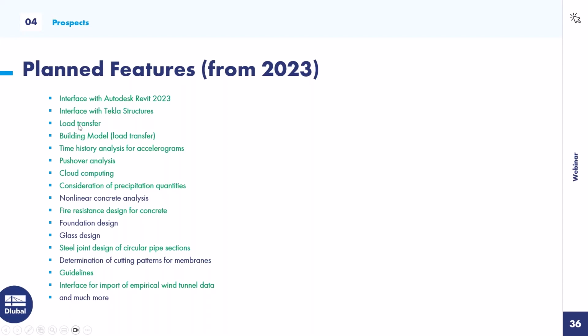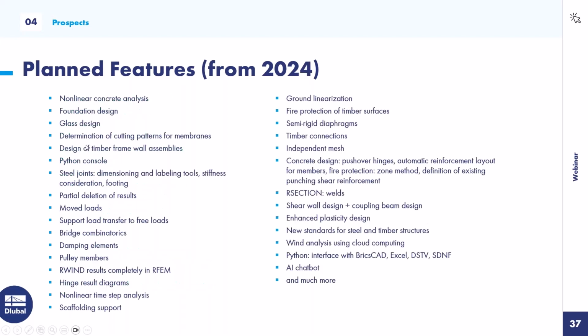I showed the load transfer, the new add-on pushover analysis, cloud computing, and so on. Those are already implemented. And in the next slide, you can see the 4 features that are still remaining. The first 4 are also on the agenda for the future.